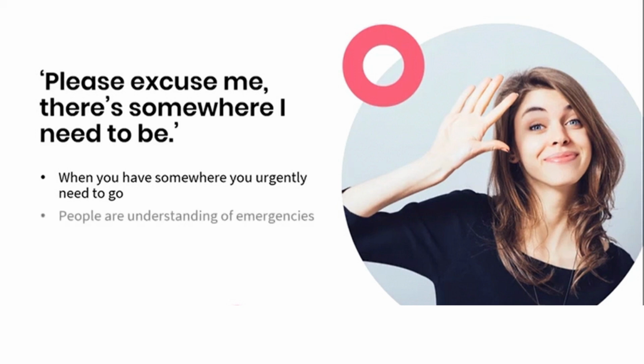People are usually understanding when it comes to emergencies, so as long as you are polite, they probably won't get offended. Remember that this should only be used in emergencies or urgent situations. You shouldn't use it to end every conversation.